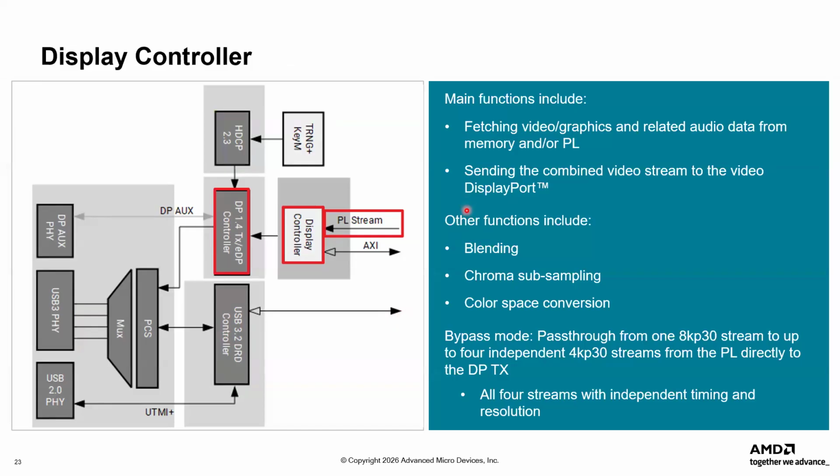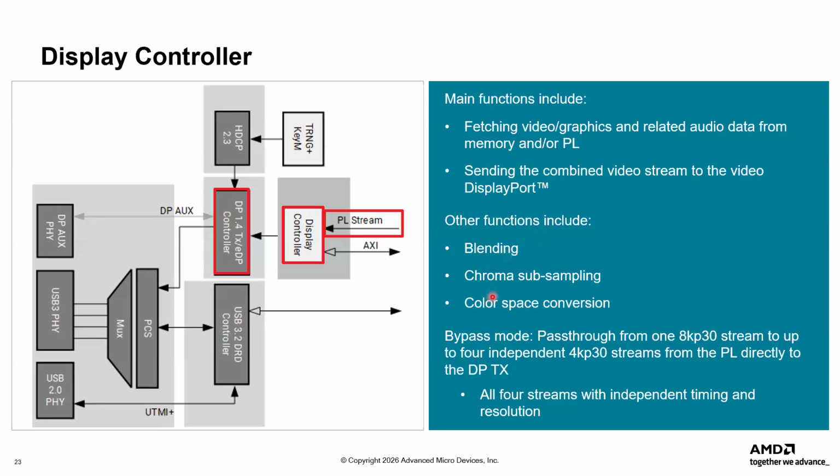So if I look at each one of these in a little bit more detail in terms of what you're doing, the main one, first of all, I've got to fetch the video graphics data that's related to audio from either memory or, most likely, from the programmable logic if I'm doing real-time processing. Then I need to send this combined video stream to the DisplayPort.